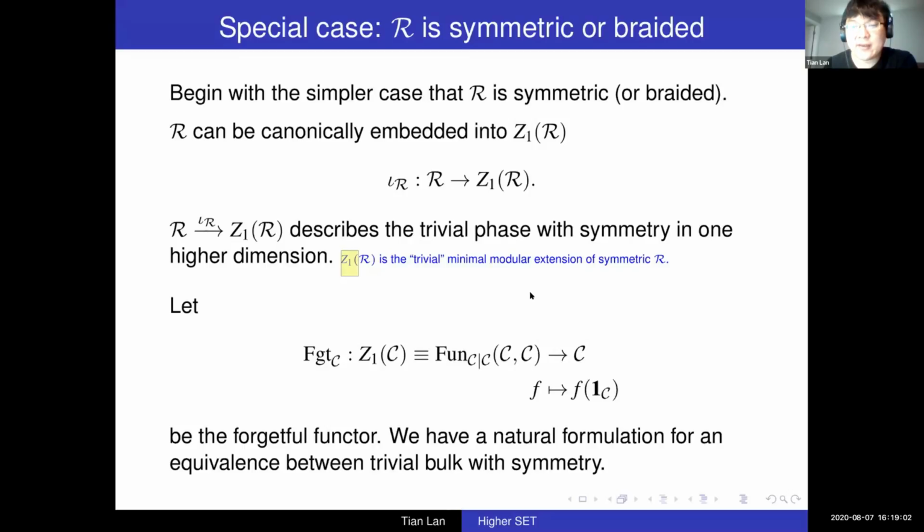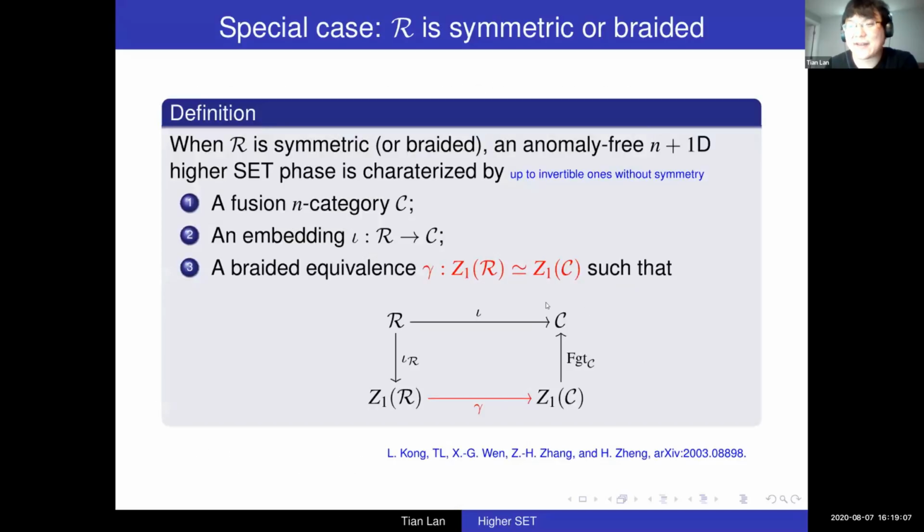So we immediately arrive at a very natural formulation. We just put things together. So this is the definition for symmetric R. If R is symmetric, then an anomaly free, one dimension higher SET phase with this R symmetry is characterized by the following three data.